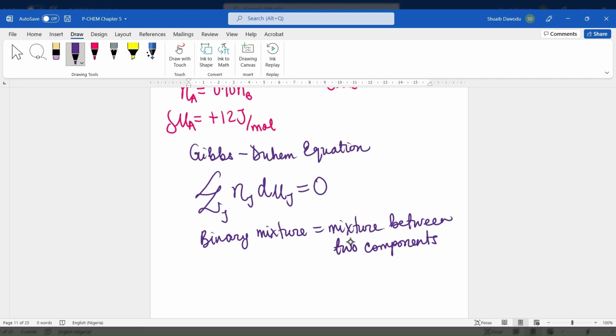Now that we understand the binary mixture between two components, let me explain this with the equation I just talked about, the Gibbs-Duhem equation.